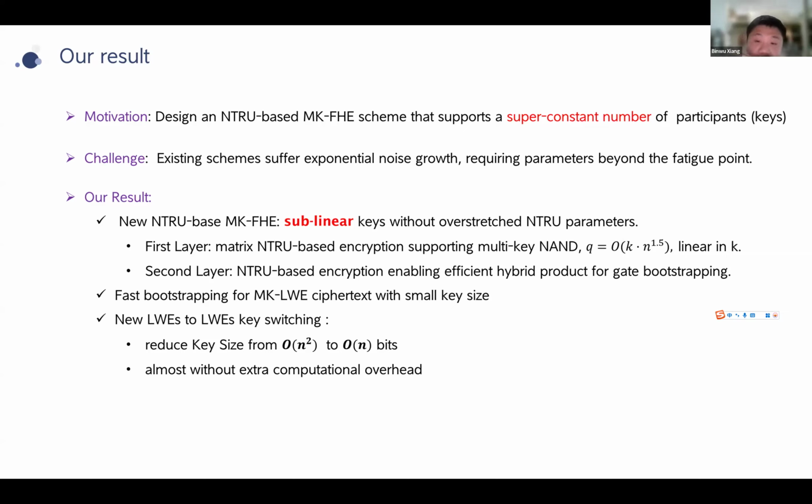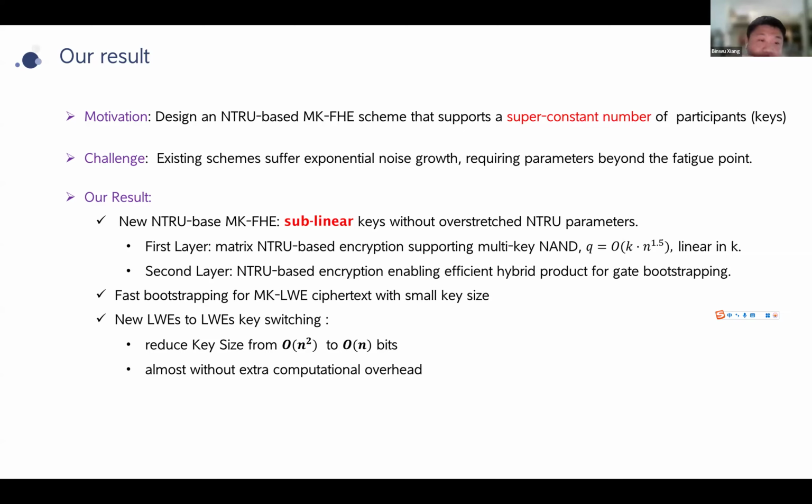In the first layer, we use a matrix NTRU-based encryption that supports multi-key NAND operations, and our modulus Q is only O of k times n to the power of 1.5. As you can see, our modulus Q is linear in k. Our second layer is also NTRU-based encryption that supports the hybrid product for gate bootstrapping.